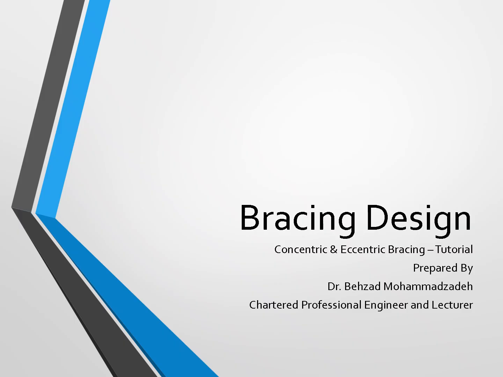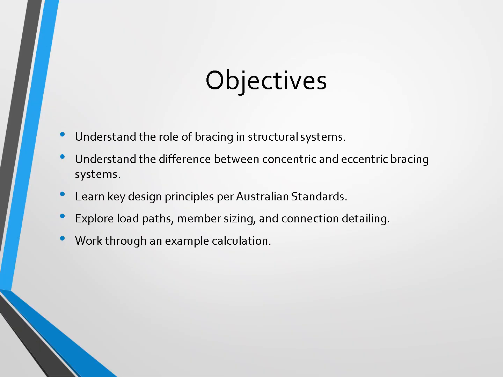Today I will guide you through concentric and eccentric bracing system in steel structures. The objectives of this session are simple and clear. First, we will understand the role of bracing in structural systems. Next, we will look at the difference between concentric and eccentric bracing.